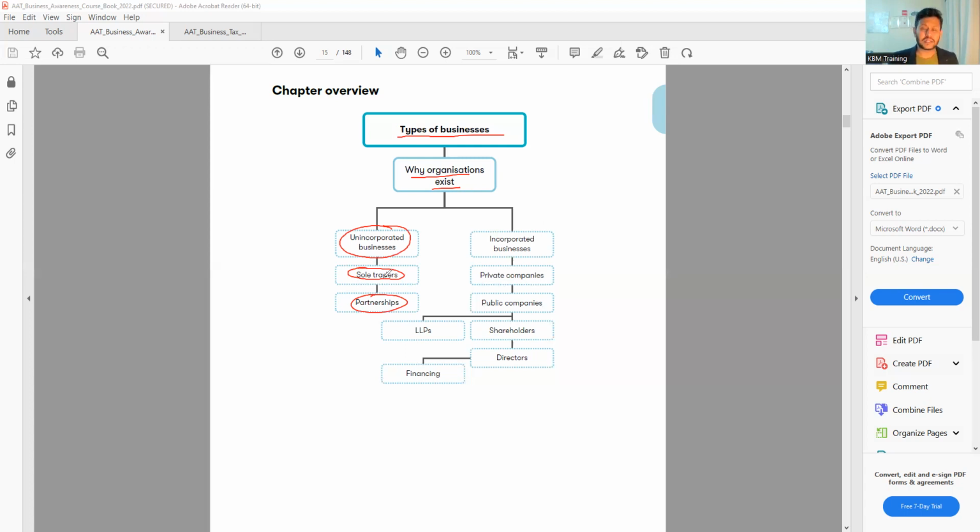Now, let's talk a little bit in general to understand in detail. Let's say, for example, one person decided to work as a plumber, or as a private tutor, or maybe a pest controller, or maybe an electrician.